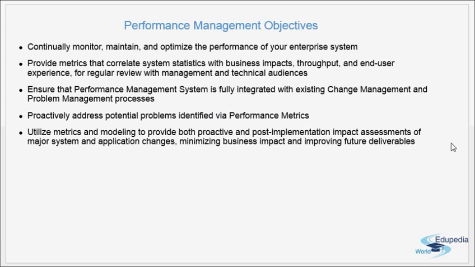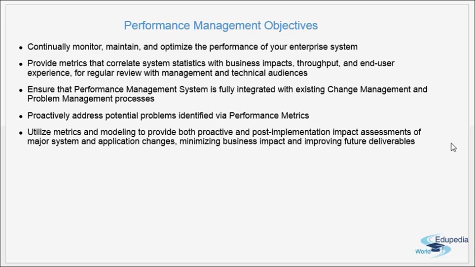Now, performance management objectives: continually monitor, maintain, and optimize the performance of your enterprise system. After go live, once the system goes into the production support phase, you have to monitor, maintain, and optimize the performance of your system, because every day the data increases and the number of users increases.